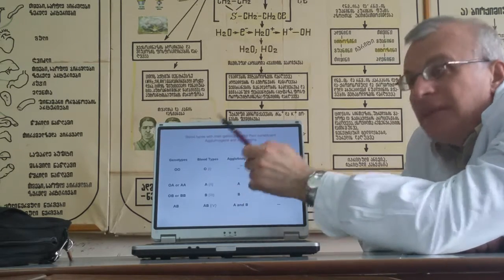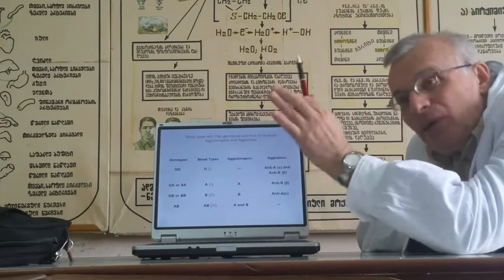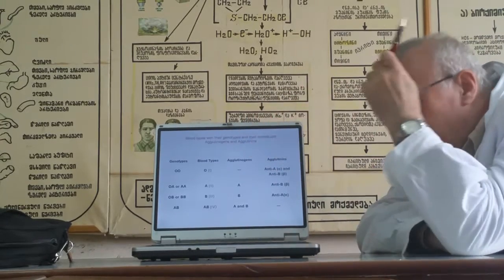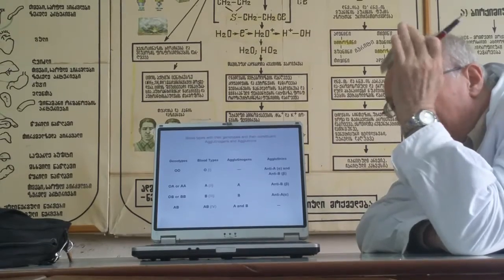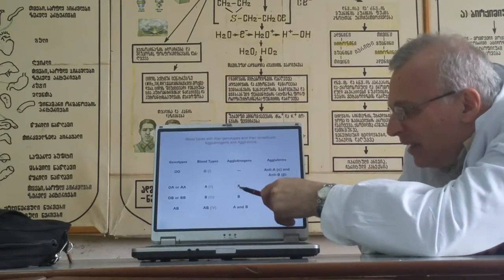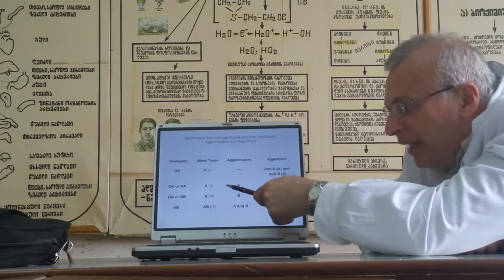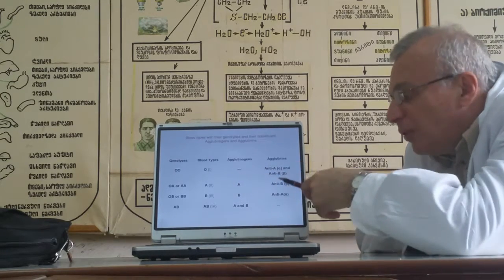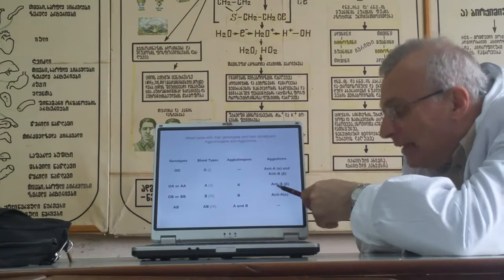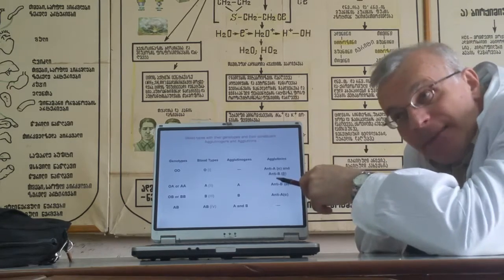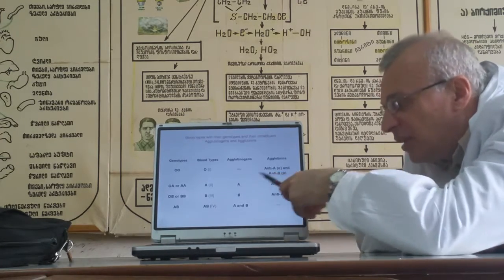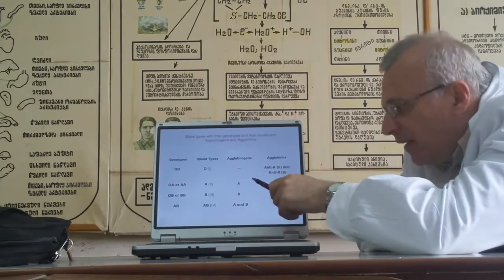Other groups: group A means A agglutinogen is present in the erythrocytes, RBC, but no B. If no B, then anti-B agglutinins are present in the plasma.